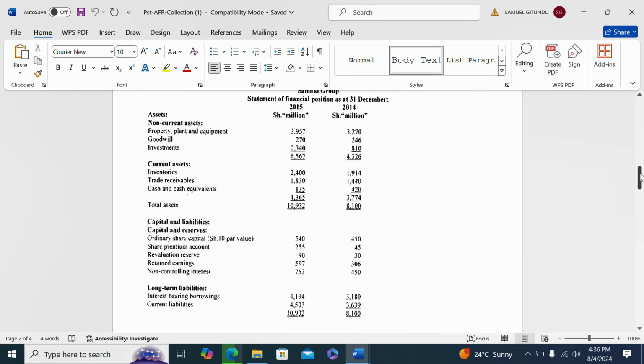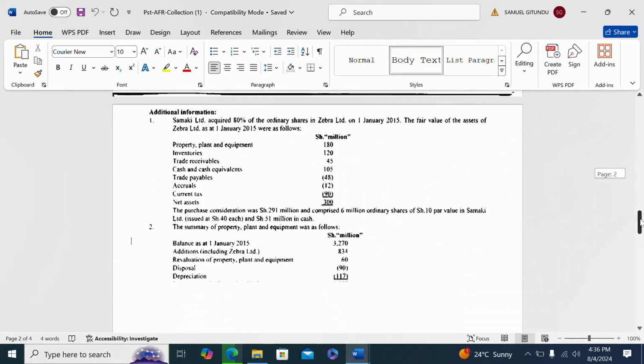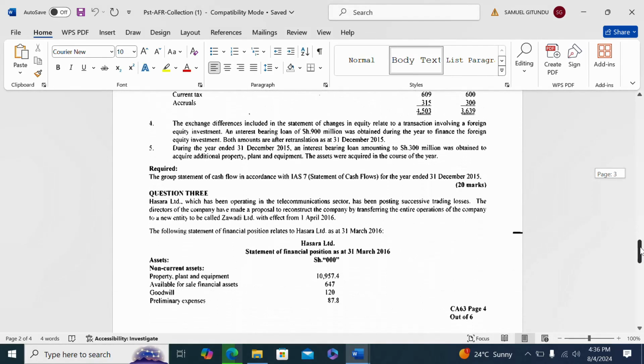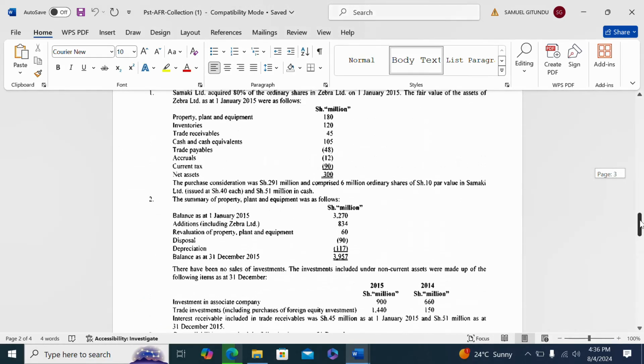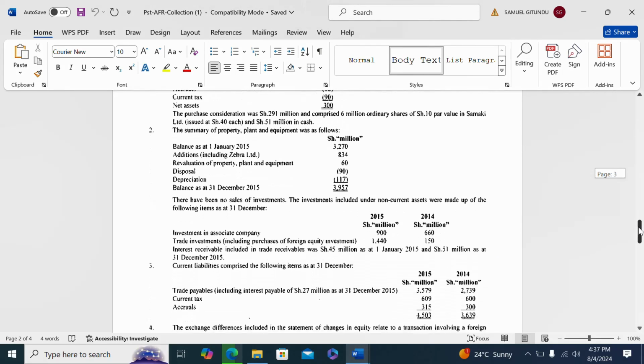But remember, in the additional information number two, you have been told that interest receivable included in trade receivable was 45 million as at 1st January 2014 and 51 million as at 1st December 2015.